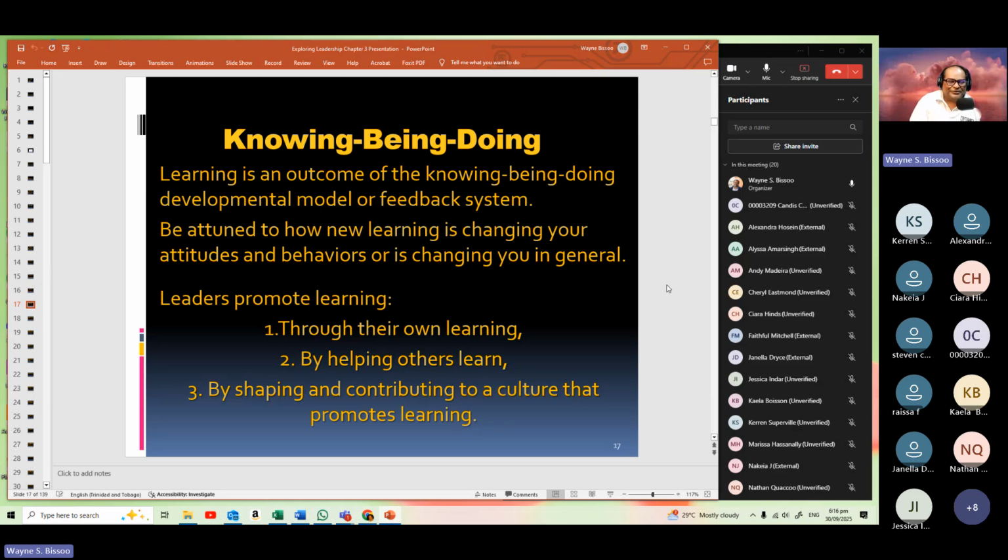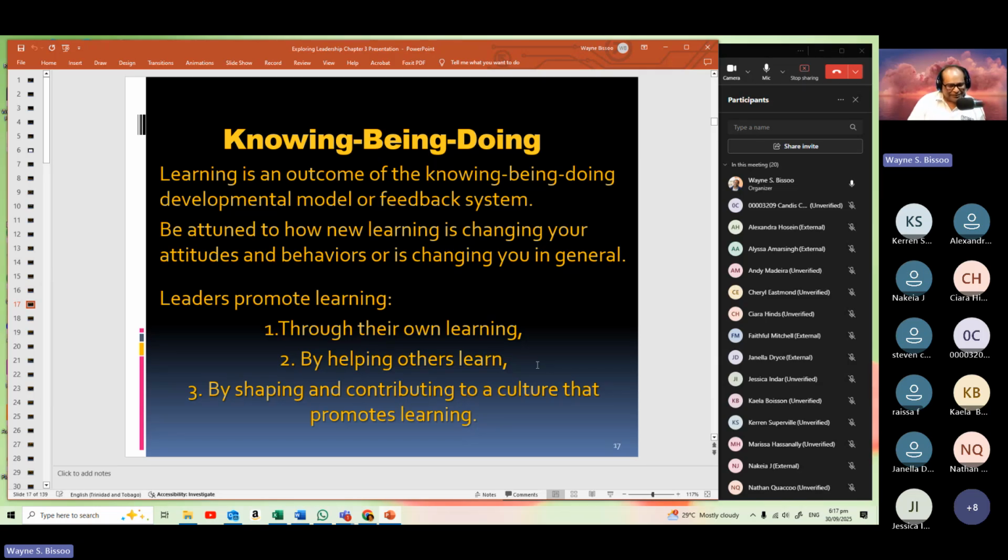All right, so if you're in a situation or in a leadership position and you have to promote people in the organization learning just like yourself, the best way for you to promote or create an environment of constant learning is through your own learning by helping others to learn.